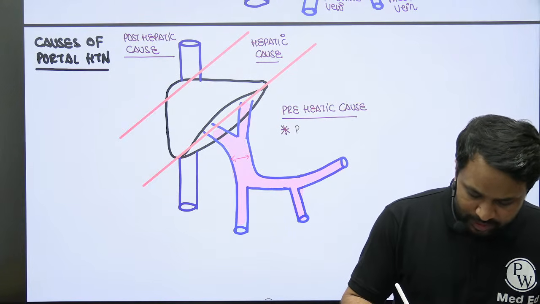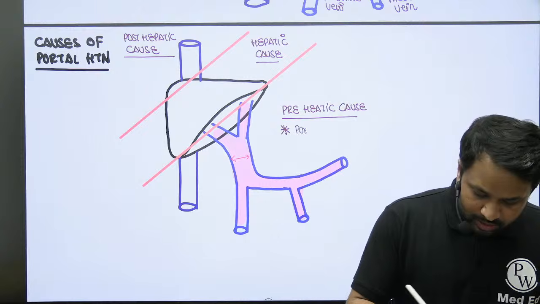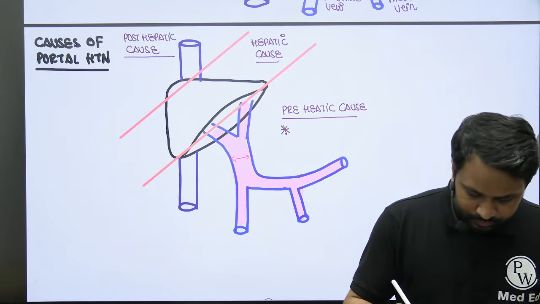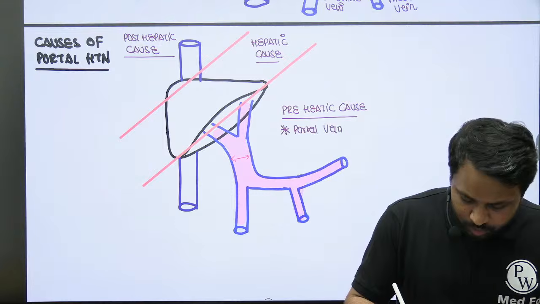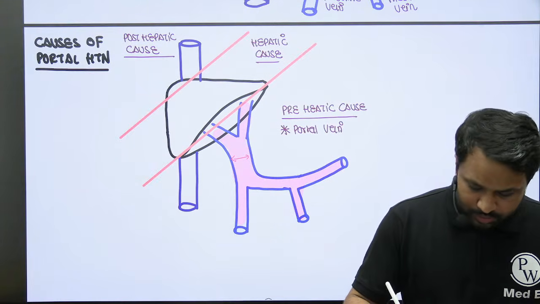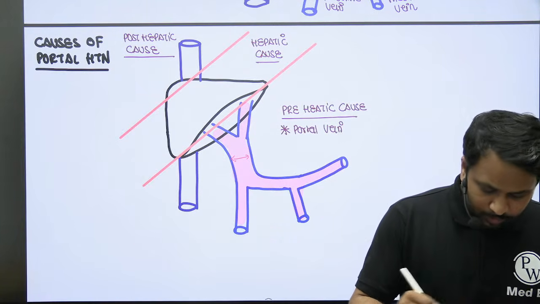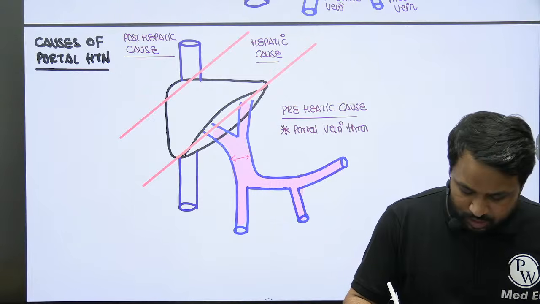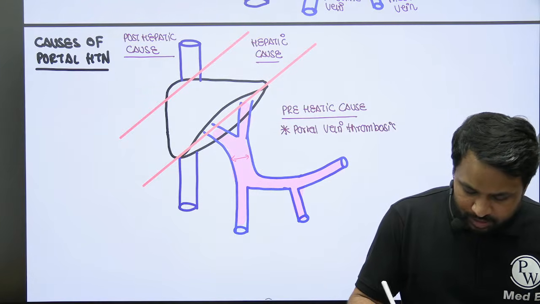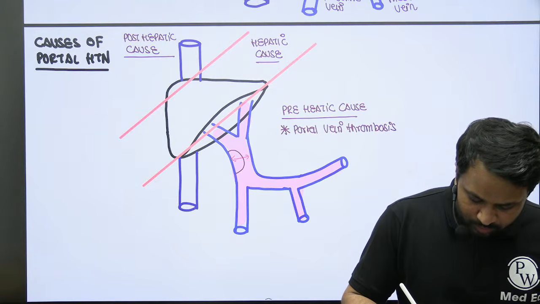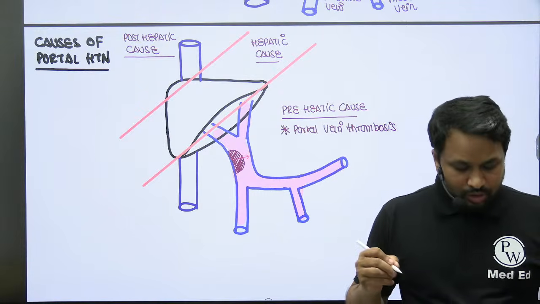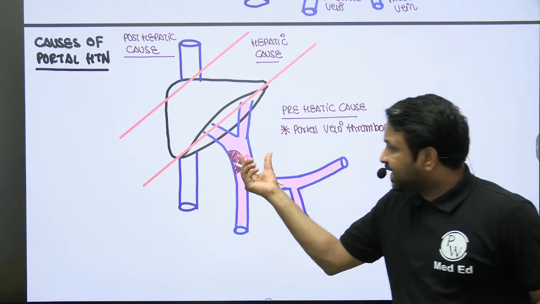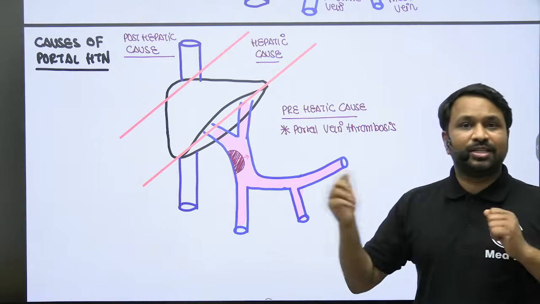Imagine if a patient is having a portal vein thrombosis. It is a simple concept: if there is a thrombus formed in the portal vein, the size of the portal vein is getting smaller, so obviously the pressure is going to increase.